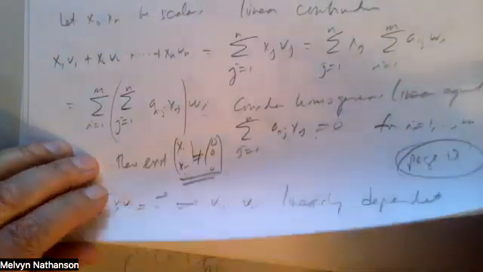And now we're almost ready to prove the theorem that says that every vector space has a dimension.